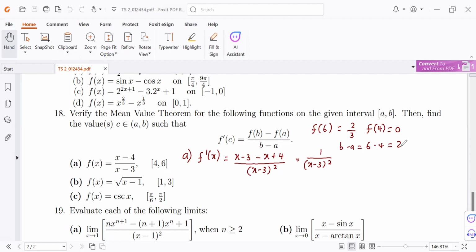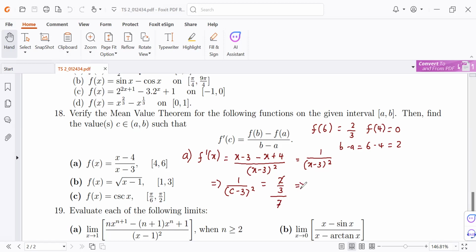So what is f of b minus f of a? So first we take c in here. So we have 1 over c minus 3 squared is equal to f of b, which is 2 over 3, minus 0, over 2. So this 2 and that 2 cancel.